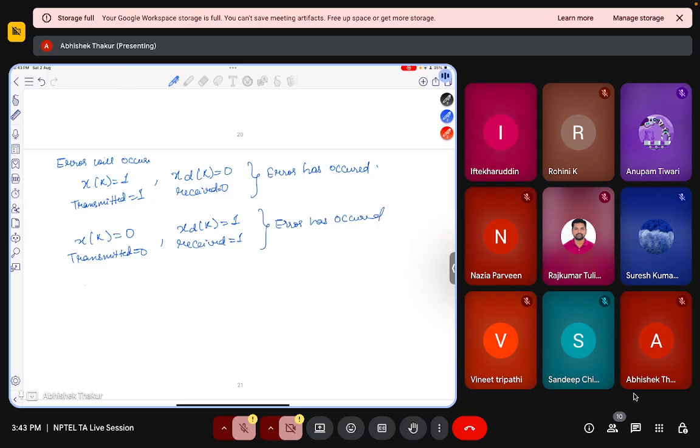So error occurs when the transmitted symbol is not equal to the decision made by the receiver.